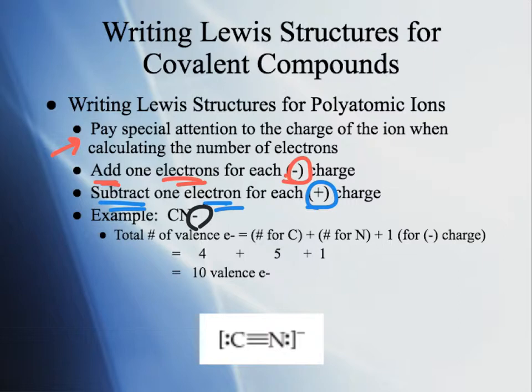So this structure overall is going to have 10 valence electrons. When you are writing the Lewis dot structure for it, you want to make sure that you have 10 valence electrons and not 9. And so here you're going to have 6 valence electrons there in the middle, and then here's 7, 8, 9, 10. So the cyanate polyatomic ion looks much like that.